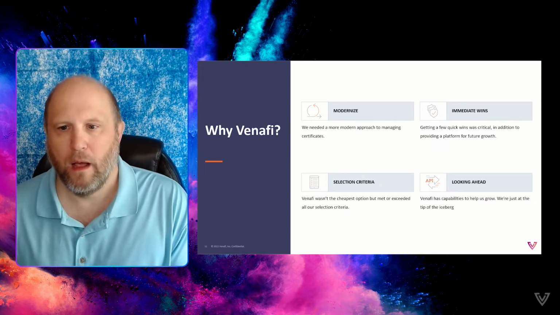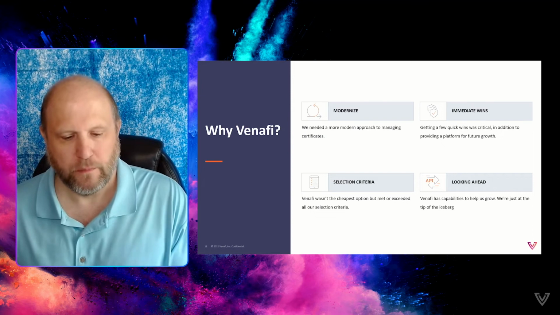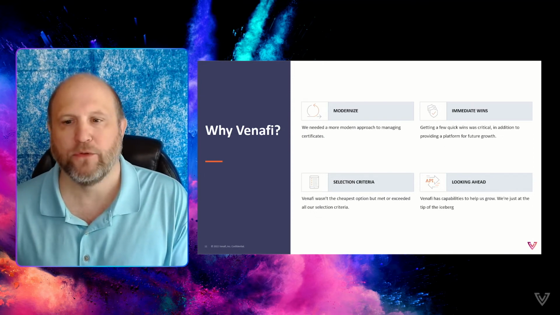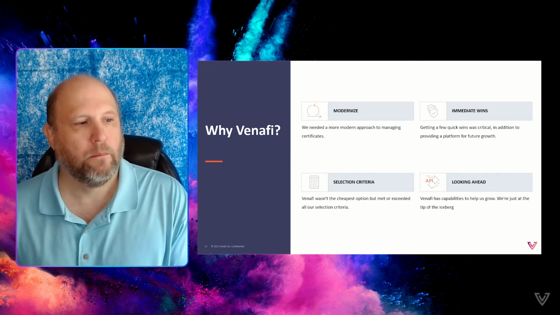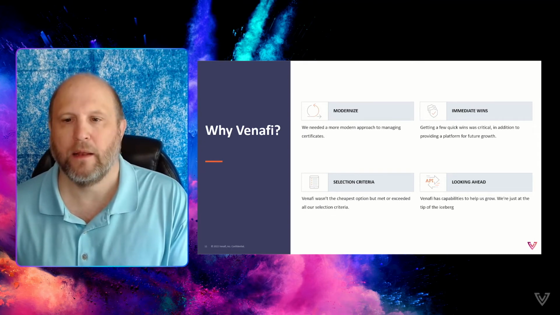We wanted something that could give us immediate wins. We didn't want a long process to get results. We wanted something where we can get these quick wins, as I call them, out of a tool set. We went through a very selective selection criteria. We did a lot of evaluations. We did a lot of paperwork evaluations. We met with a lot of different vendors, had a lot of demonstrations.